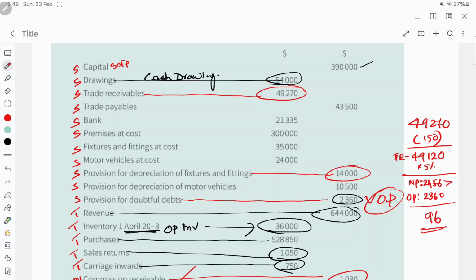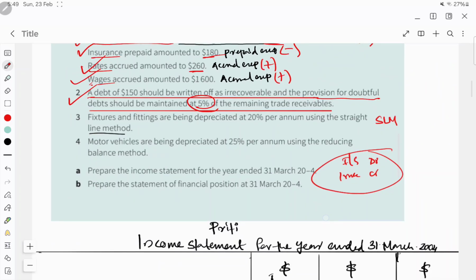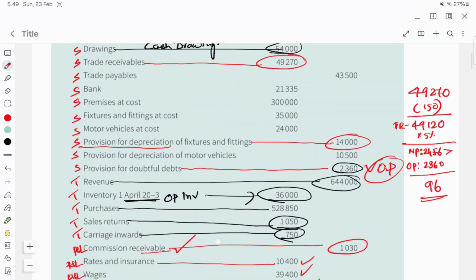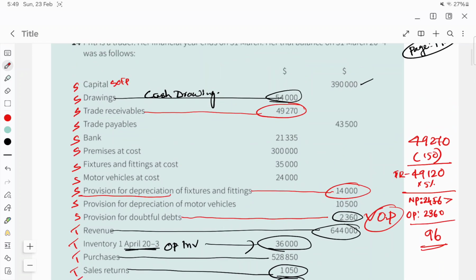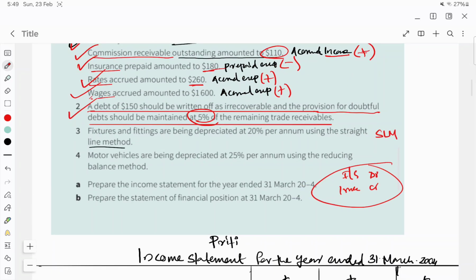If it is the straight line method, you can take it directly from the cost price. Fixtures and fittings at cost is 35,000. The provision is also given, but if it is the straight line method, no need to consider the older provision. You can consider directly the rate, which is 20%.